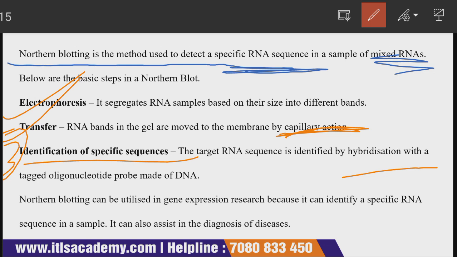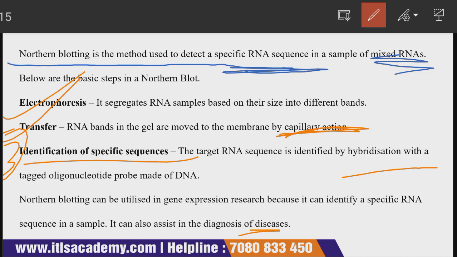So northern blotting can be utilized in gene expression research because it can identify specific RNA sequences in the sample. It can also assist in the diagnosis of various types of diseases. So as we have understood, the RNA bands in the gel are moved to the membrane by capillary action.